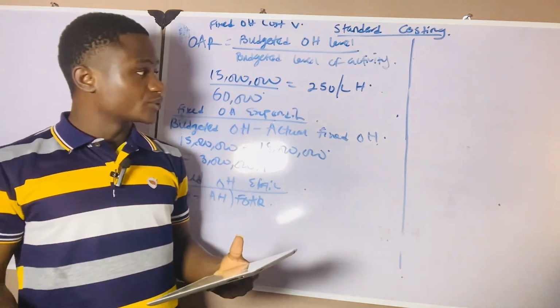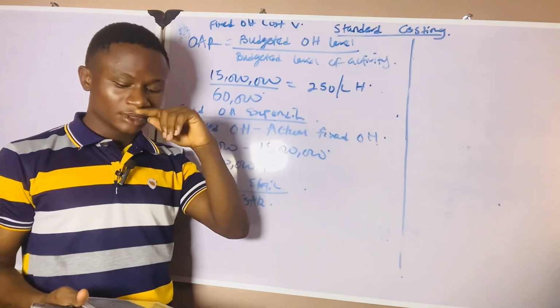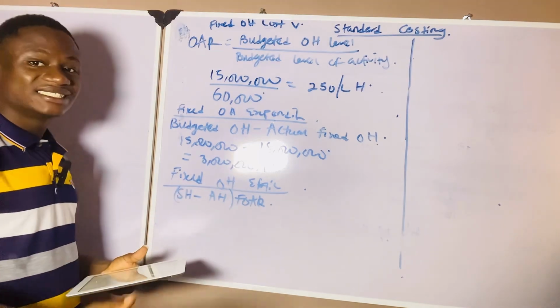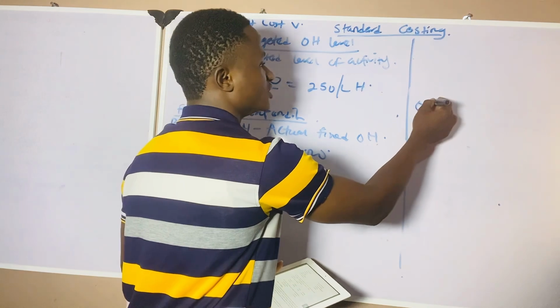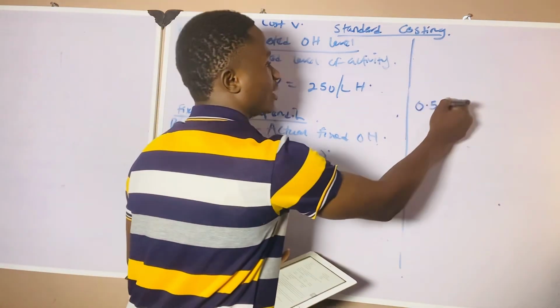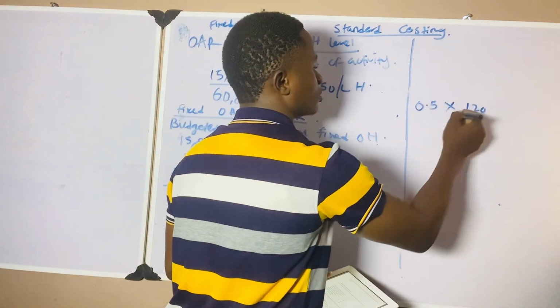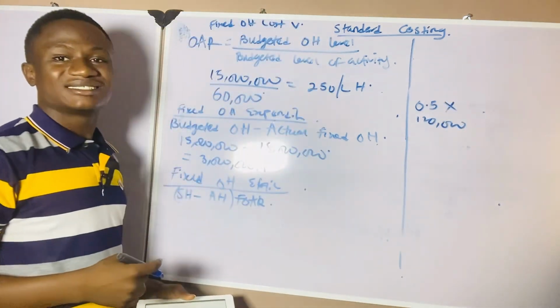We're told that our fixed overhead should be 250 per labor hour. To produce one unit is 30 minutes, which is 0.5 hours, multiplied by how many units we want to produce. We want to produce 120,000 units according to our budget. So that gives us 60,000 hours.